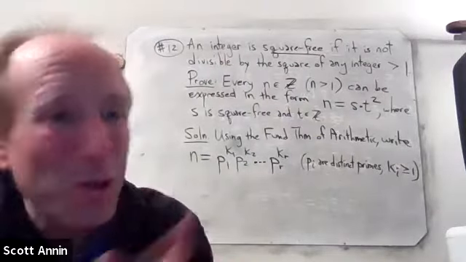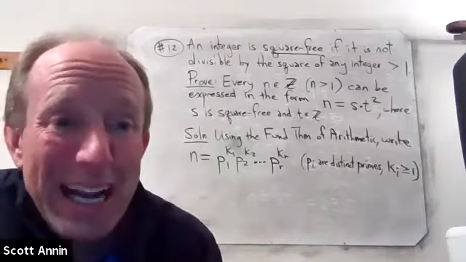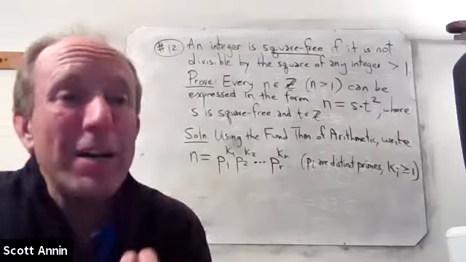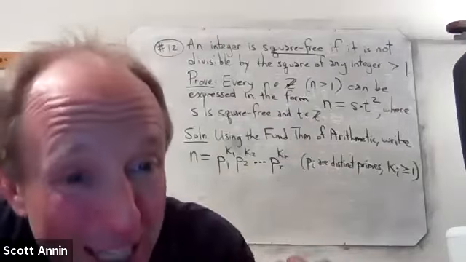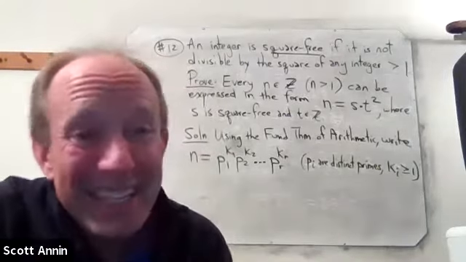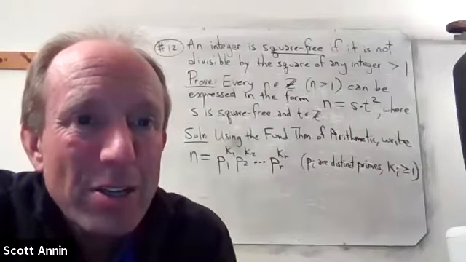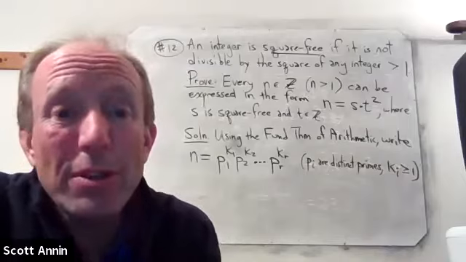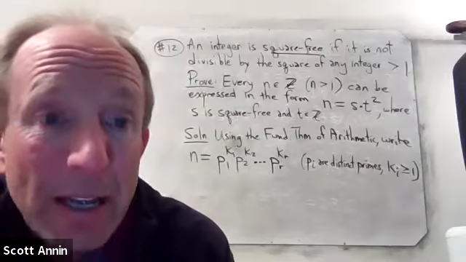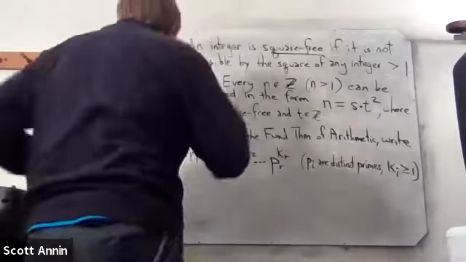But if any of those k sub i's are odd, then we actually have to pull one of those prime occurrences out and put it in with the square free part, and then keep the rest of it in the perfect square piece. So this is the idea, guys. We have to look at these exponents, these k sub i's, and we need to know, are they even or odd? And in fact, we can get more precise than that.